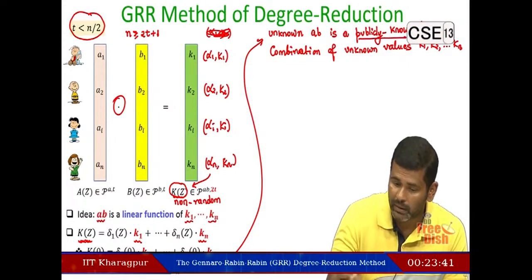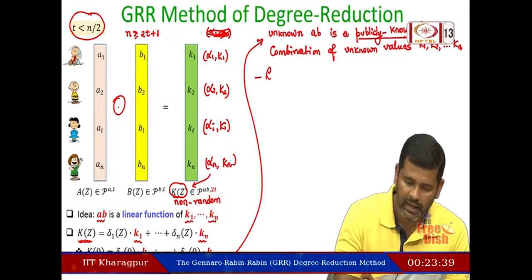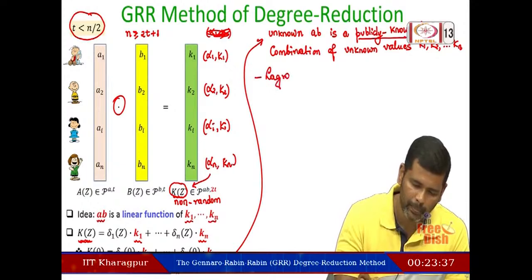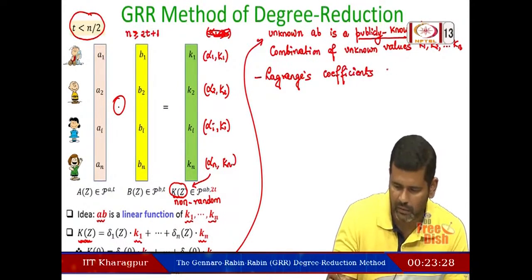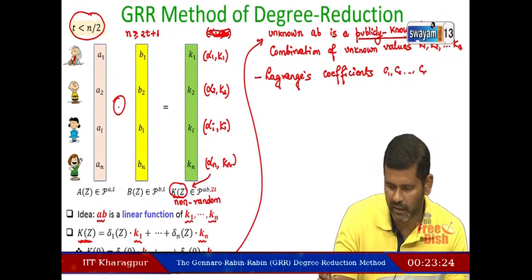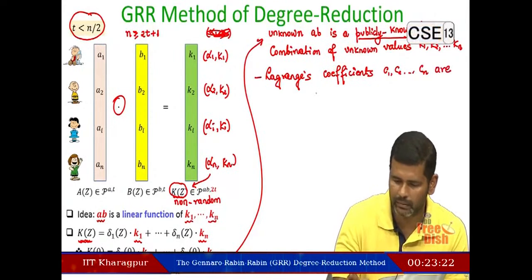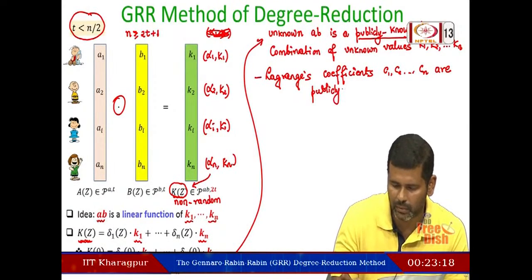Why publicly known? Because the Lagrange coefficients, fancy C1, fancy C2 and this fancy Cn, are publicly known. They have got absolutely nothing to do with your Kn.